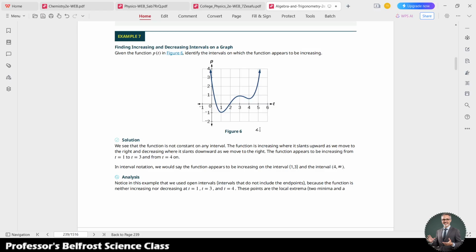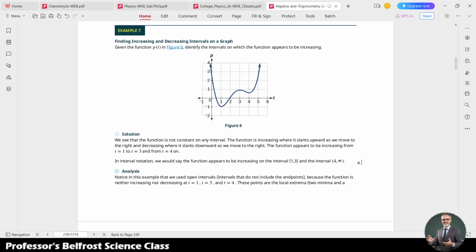We can see here a decreasing part, then it is increasing from 1 to 3, then from 3 to 4 it drops, and from 4 to positive infinity it goes up again. The interval notation is the open interval (1, 3) and the open interval (4, infinity).